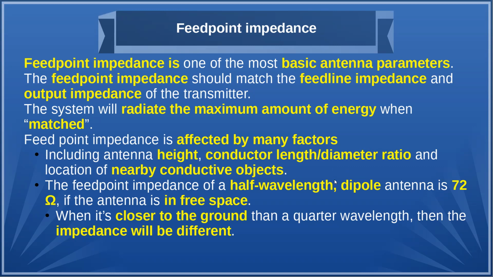Feed point impedance is one of the most basic antenna parameters that you worry about, as you try to match it to minimize loss and get the maximum amount of power to the antenna. It's affected by things like the antenna height and the conductor length to diameter ratio. The larger the diameter of the conductors, the more it affects the Q and the bandwidth.